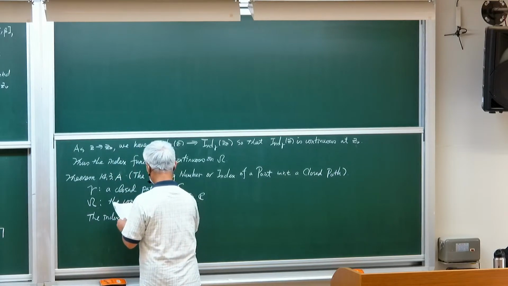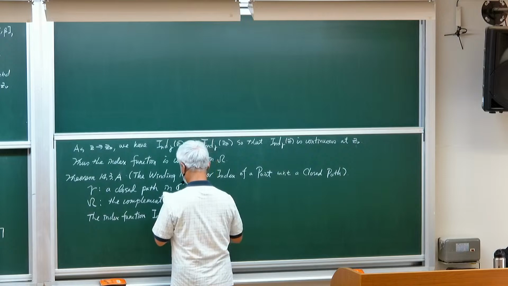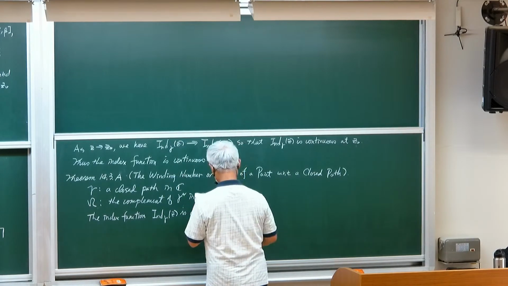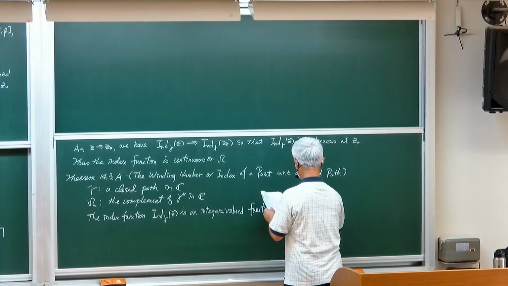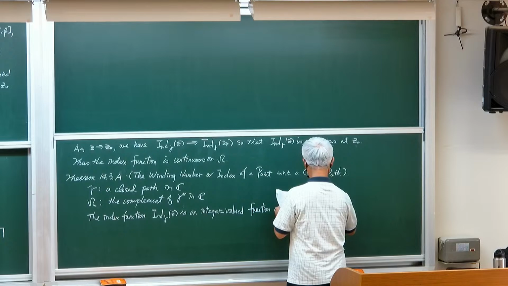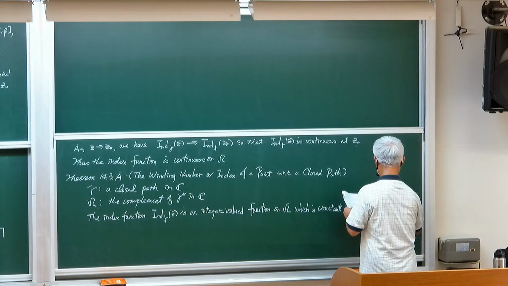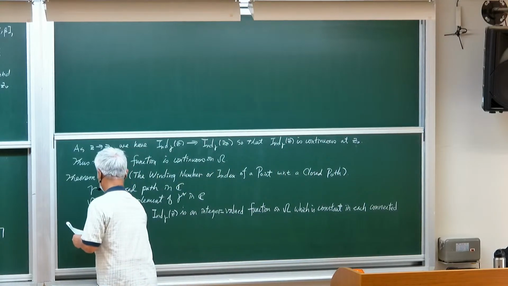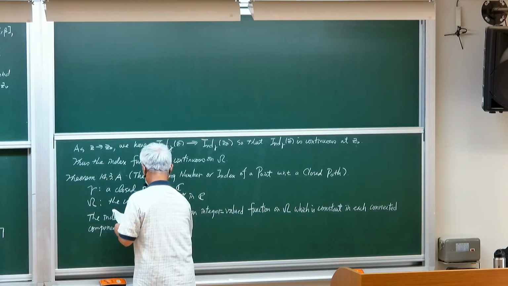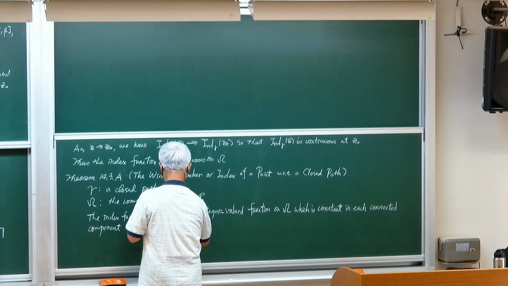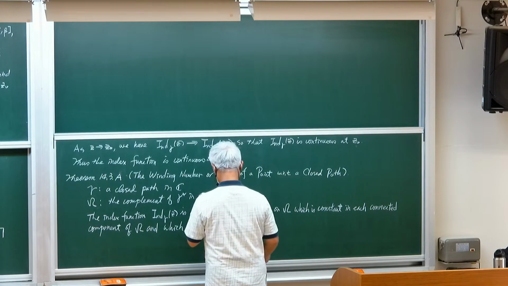The index function ind gamma of z is an integer valued function on omega, which is constant in each connected component of omega, and which is 0 in the unbounded component.